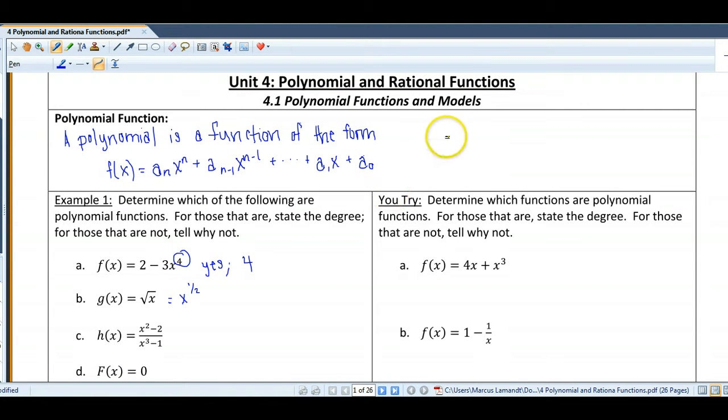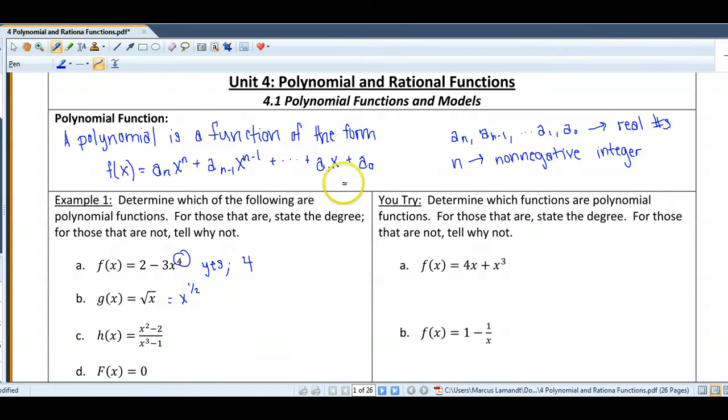I'll write that down here. All the a's, or the coefficients, are real numbers, and n is a non-negative integer. Okay, so no, because 1/2 is not an integer.